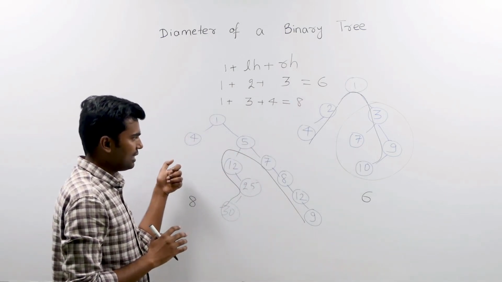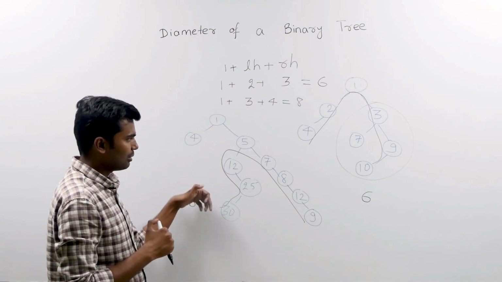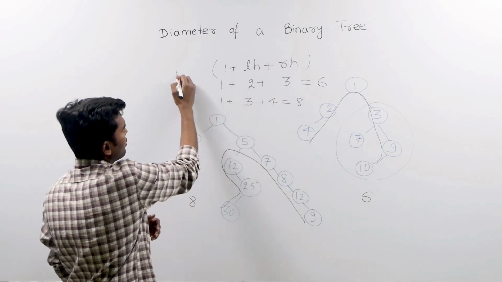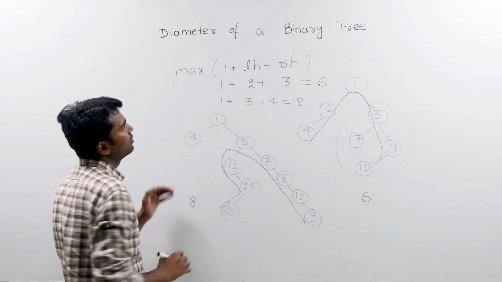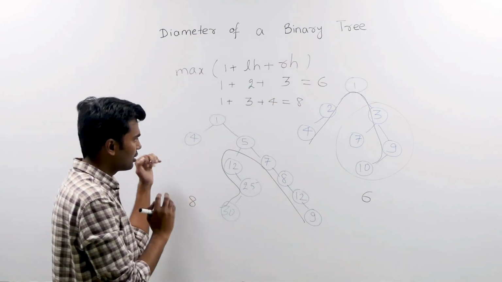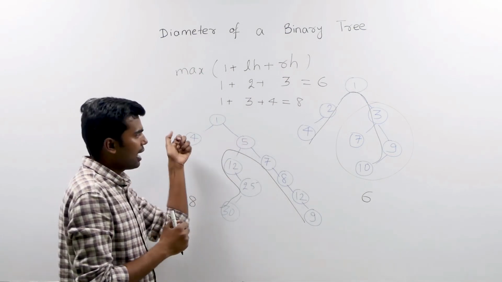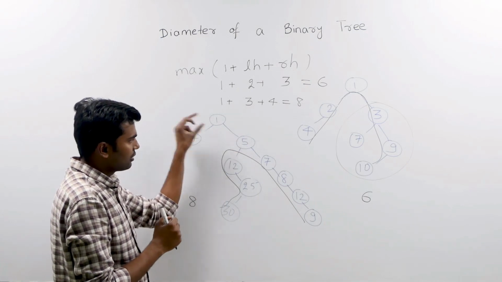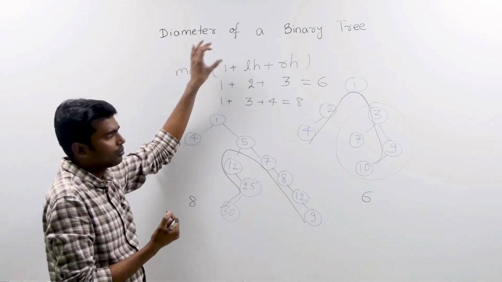So if we say it like this, diameter is nothing but the maximum value of this expression for any node. I mean, the diameter will pass through a node, right? And if the diameter is passing through that node, then for that node the value of this expression will be maximum.